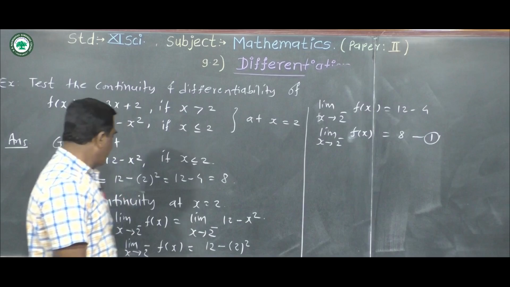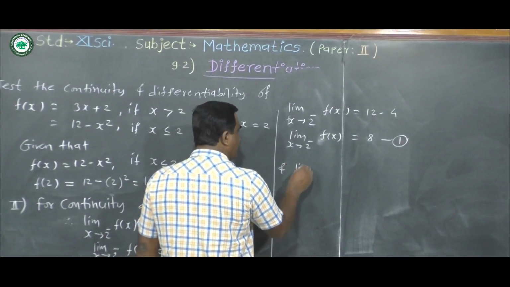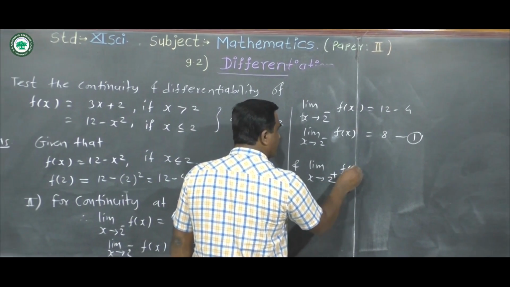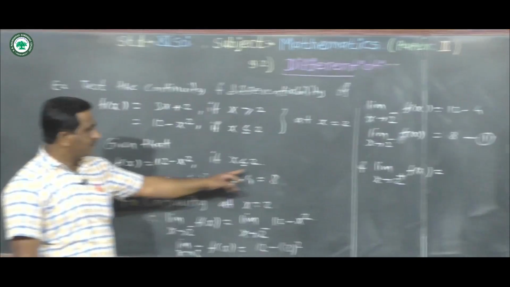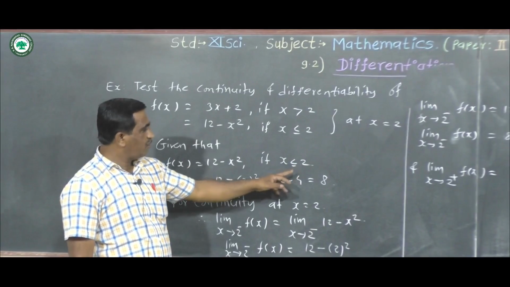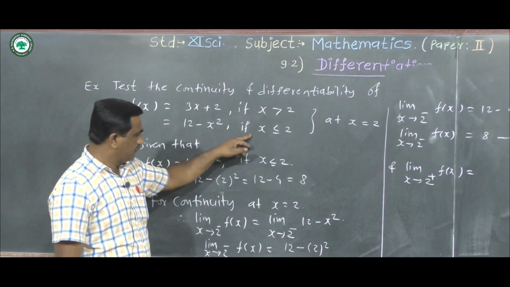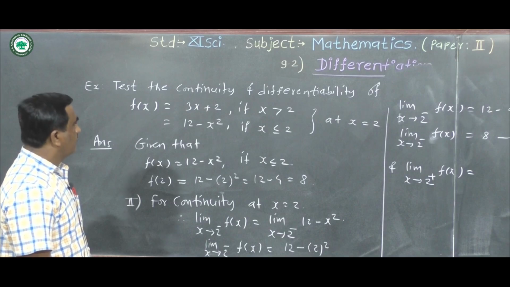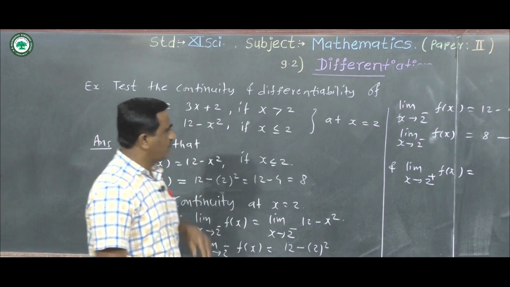Now we have to find the right hand limit, limit x tends to 2 from right, f of x. Here, for x bigger than 2, f of x is equal to 3x plus 2.